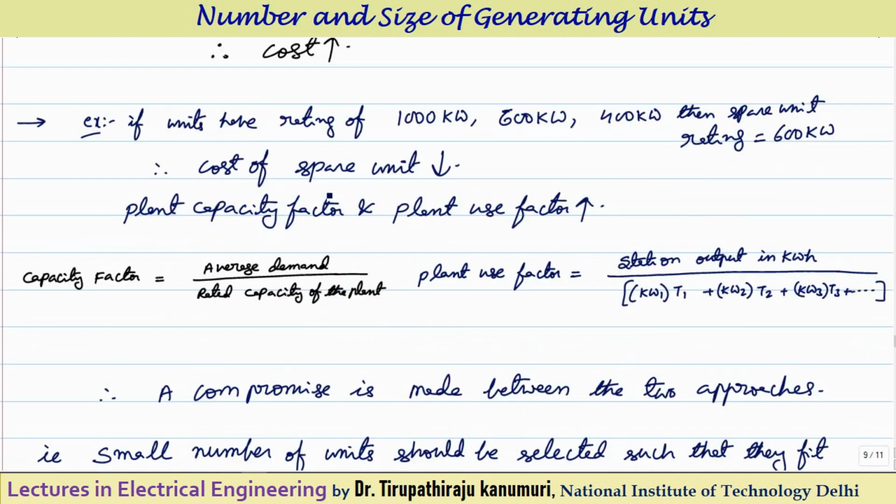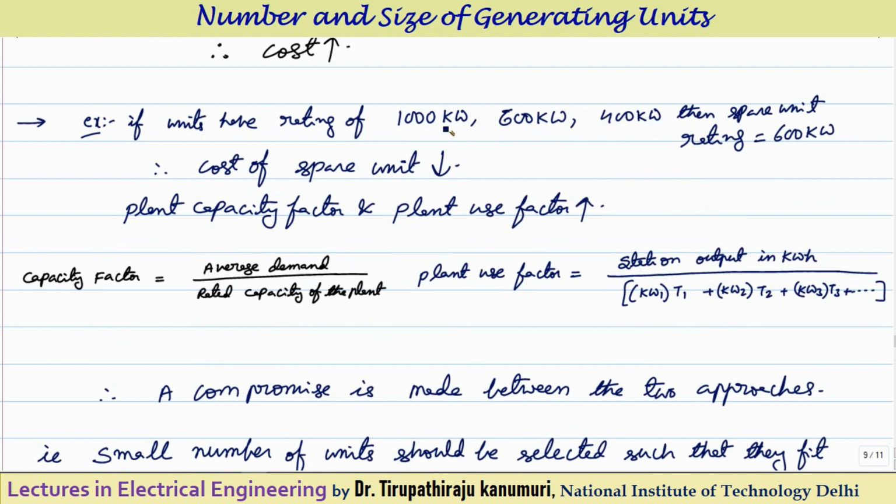But there is an advantage in going for the extra unit. Let us take for example units having ratings of 1000 kilowatt, 600 kilowatt and 400 kilowatt to supply a 2000 kilowatt load. That means my power plant rating or maximum demand is 2000 kilowatt, and I am taking the generator ratings as 1000, 600 and 400, so the total is equal to 2000.